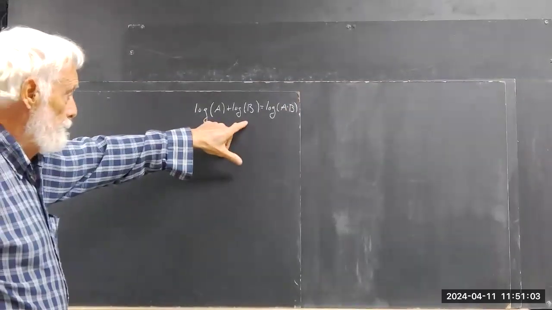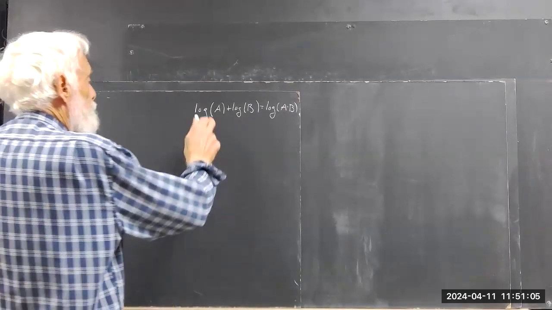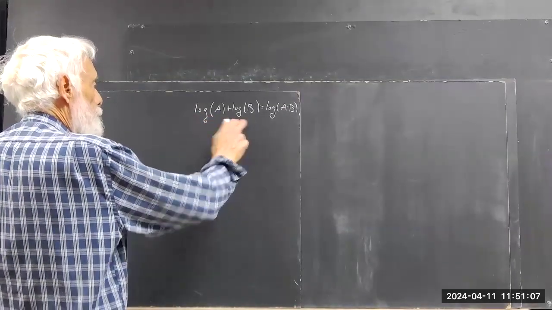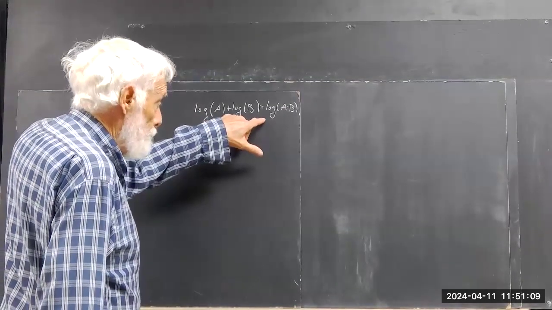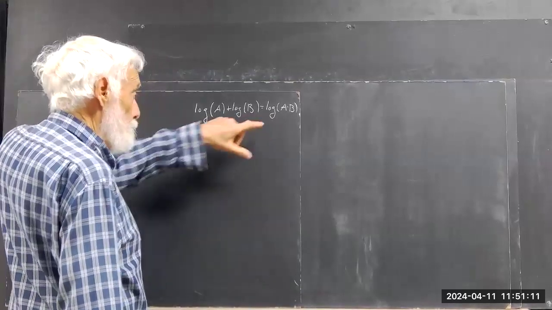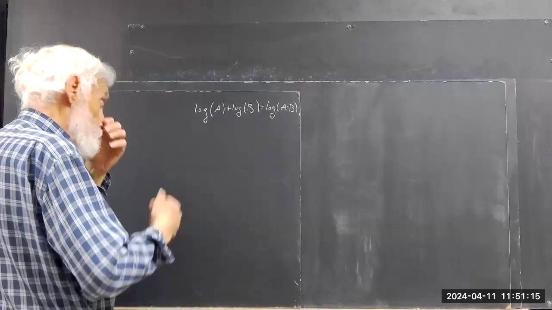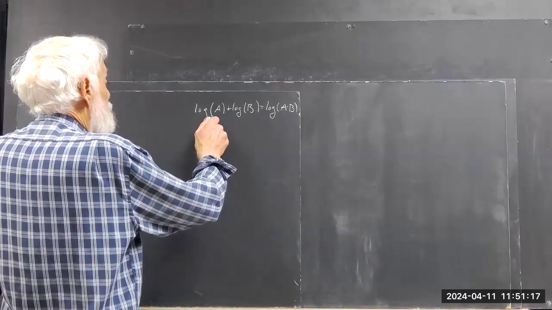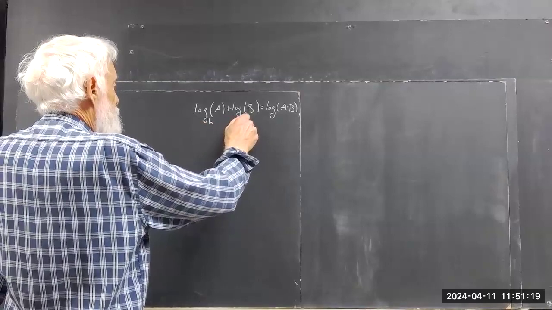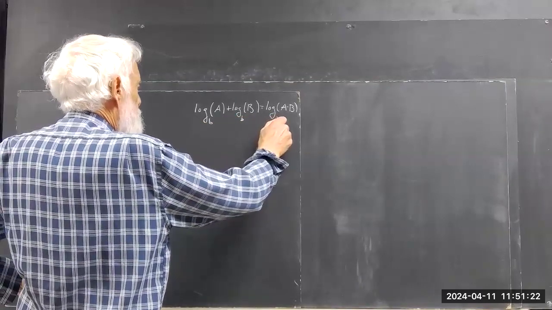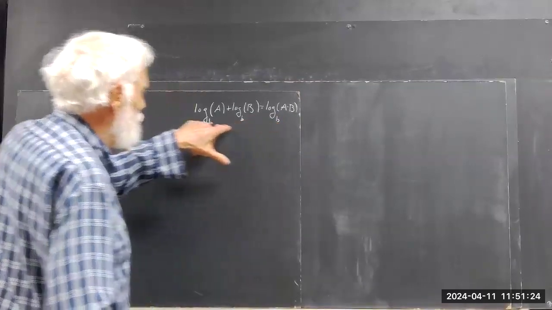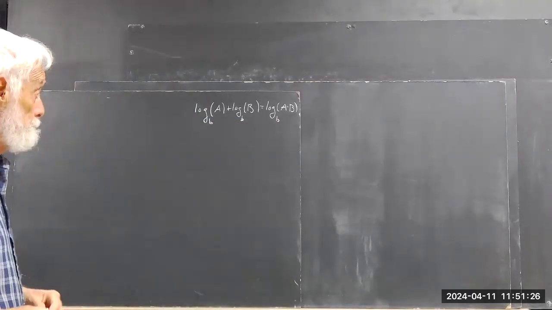If you add the log of A to the log of B, you get the same thing as the log of A times B. That's a rule analogous to a rule of exponents. And that applies to logs with any base.